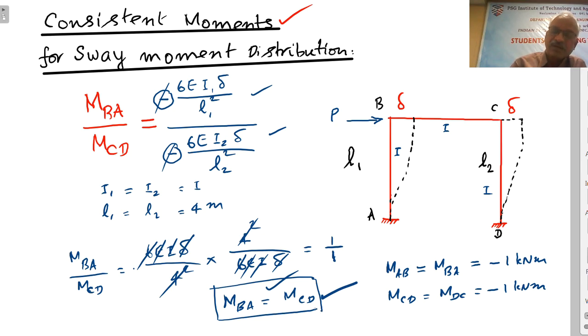Let us have this as P, or we can differentiate the sway force as PS, consistent force as PC. I don't want to confuse now, so I will use the term P itself, right? Only because of this force the frame sways to the right.